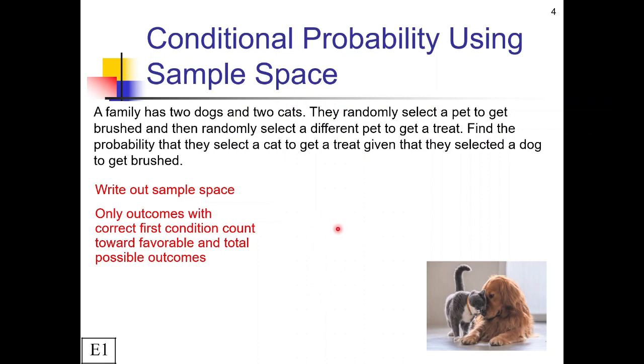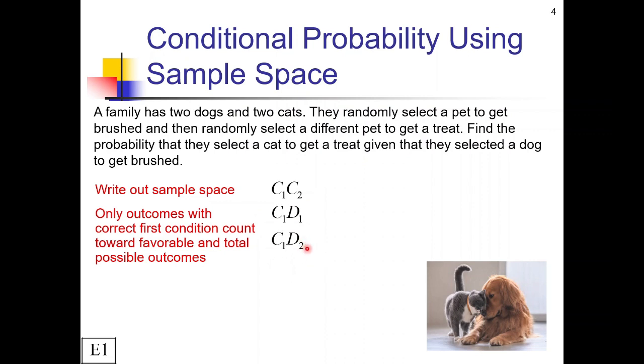All right, let's start writing out that sample space. I'm going to denote my pets as C1, C2, and D1, D2, just to tell the difference between the cats and the dogs. First, we have the outcome where we picked a cat first and second, brushing first and then getting a treat. Then we have cat 1 brushed and dog 1 getting a treat, and then cat 1 and dog 2.